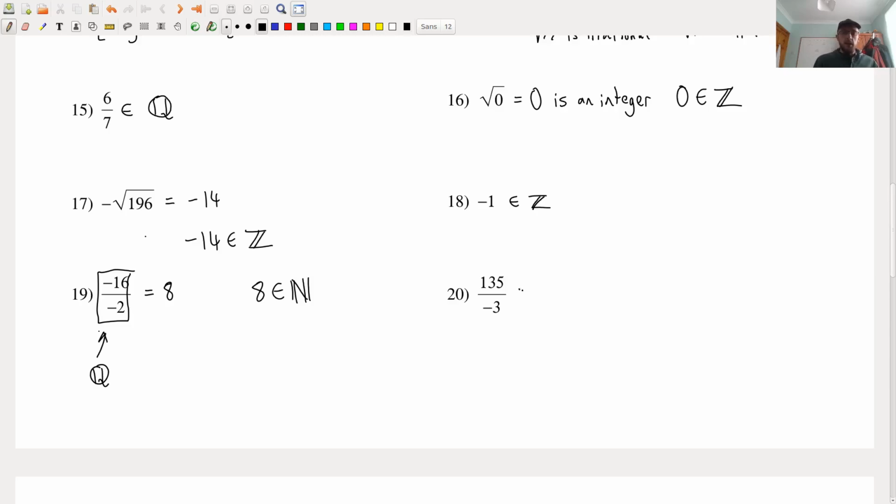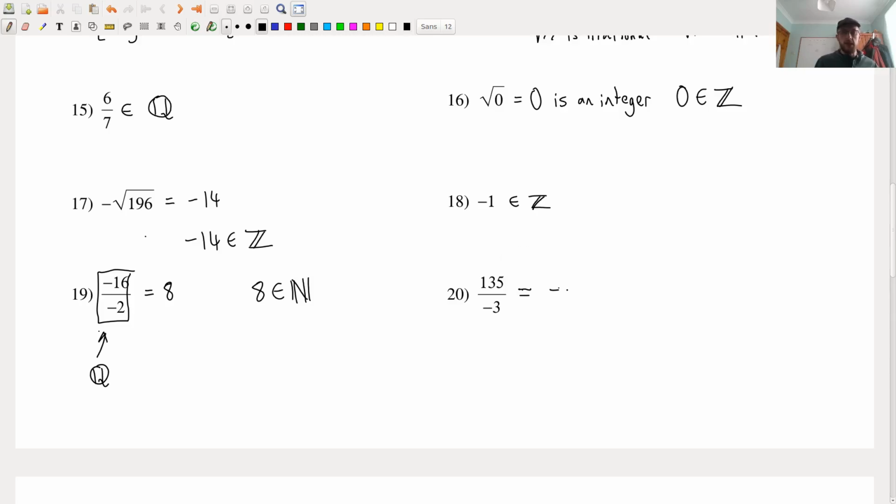And now we have 135 over negative 3. And when we evaluate this, does 3 go into 135? Well, check out the numerator. 135 is on the 3 times table because 1 add 3 add 5 is on the 3 times table. That's a little trick to learn. 135 divided by 3 is 45.